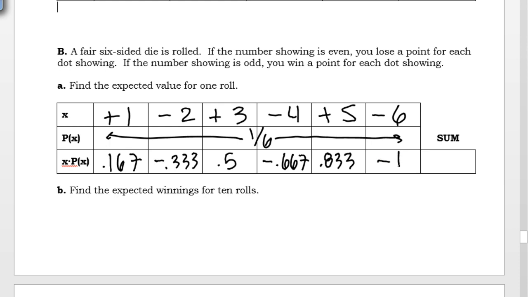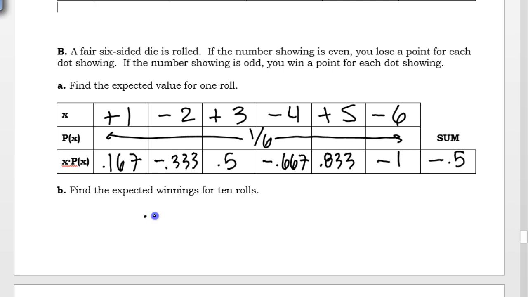So that was 1 times 1/6, -2 times 1/6, +3 times 1/6, and so on. And then we're just going to add all of these values together from the bottom row, and that is my expected value. So if I play this game, I am expected to lose half a point.